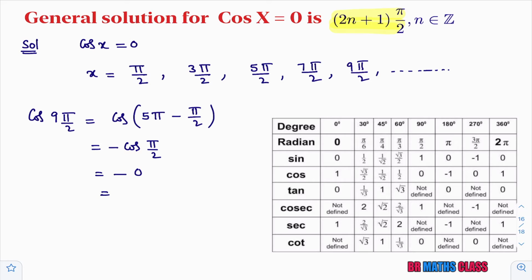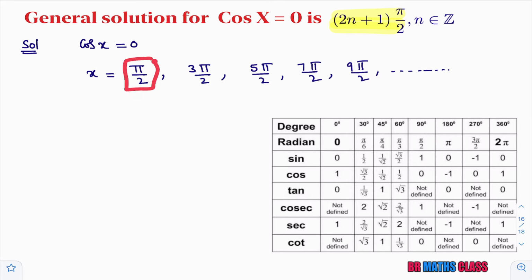So minus 0 is nothing but 0. So cos of 9 pi by 2 is 0. Not only this, cos of 31 pi divided by 2 is also 0. From now onwards, whenever you see cos of odd number into pi by 2, its answer will be 0. I hope you are understanding what I am trying to say.